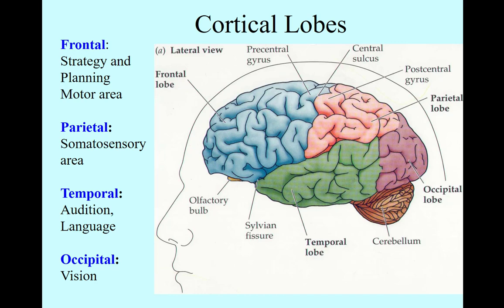So as you can imagine, these two regions, the somatosensory cortex and the motor cortex, work together. They're that third part that I told you, in combination with the cerebellum and the basal ganglia, that really fine-tune our motor movement.